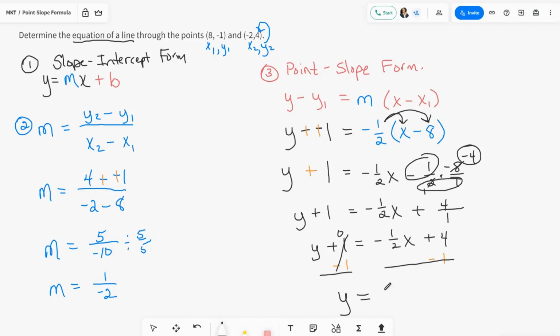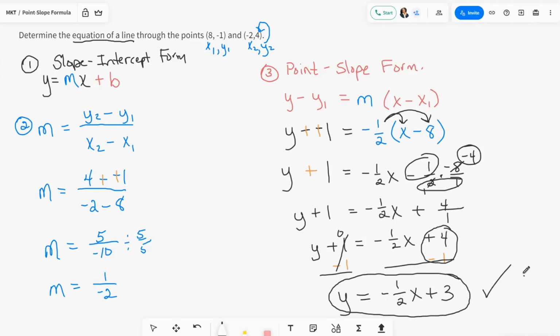Now, bringing down our -1/2 x, because there's nothing to add to an x term, but here we do have some adding to do. We've got a +4 take away 1, which would give us a +3. So the equation of the line through the points (8, -1) and (-2, 4) is y equals -1/2 x plus 3, and we are done.